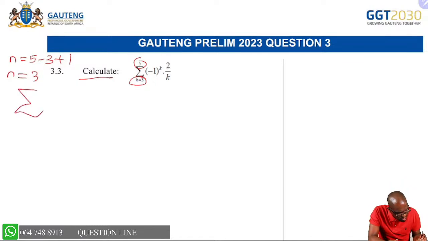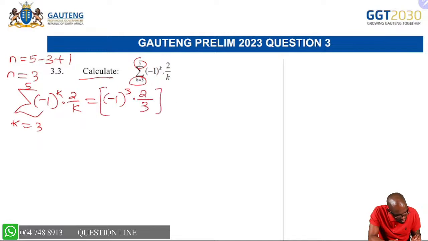So the expansion thereof: k starts from 3 to 5, and we are expanding -1 to the exponent of k times 2 over k. So this would be -1, k starts from 3, so this would be times 2 over 3. This is the first term.